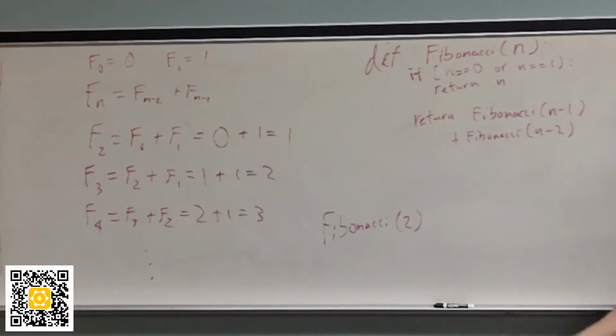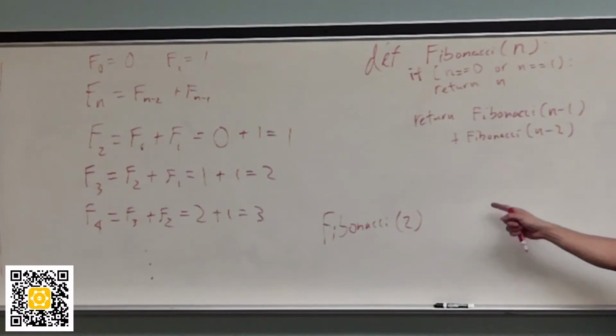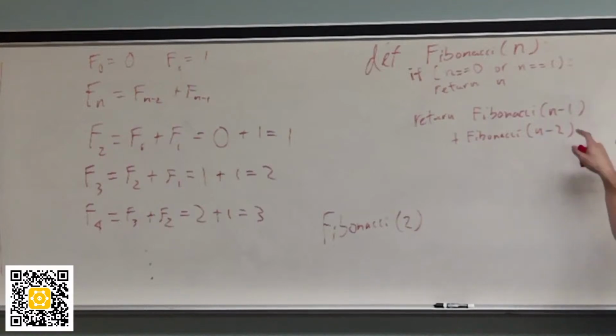Do we agree on this? Okay. So now what's going to happen? How long is that going to take? When you plug in 2, it's going to return Fibonacci of 1 and Fibonacci of 0.